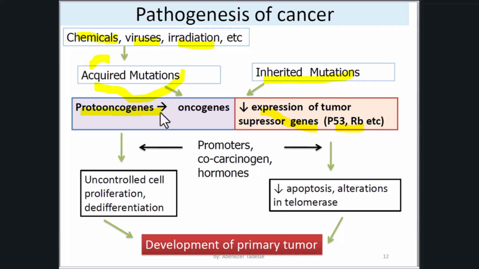This leads to proto-oncogenes being changed into oncogenes, into abnormal genes. This, in combination with promoters like hormones, which have a role in the initiation of cancer in the presence of initiators, as well as co-carcinogens, which have the ability to induce cancer in collaboration with carcinogens.